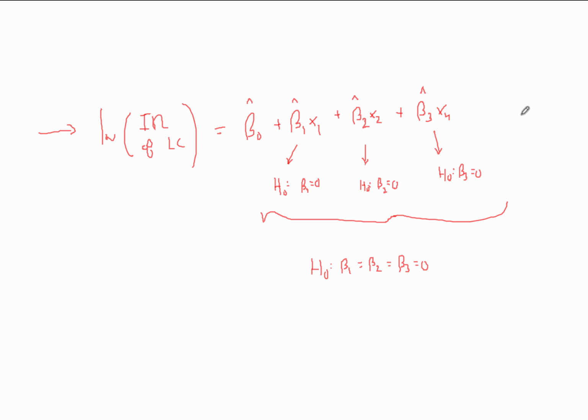But we can think of this as our extended model, and if we want to test against a null model, the null model would simply be a model where there were no predictors.